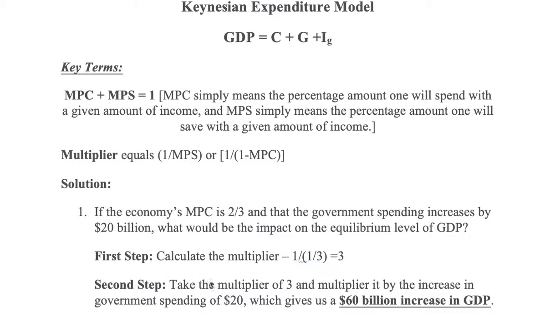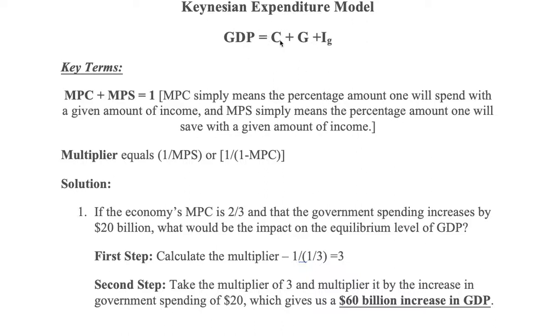The second step would be to take that multiplier of 3 and simply multiply it by what the government is going to spend, 20. So 3 times 20 is a $60 billion increase in GDP. If the government spends 20, somebody's going to receive that 20.